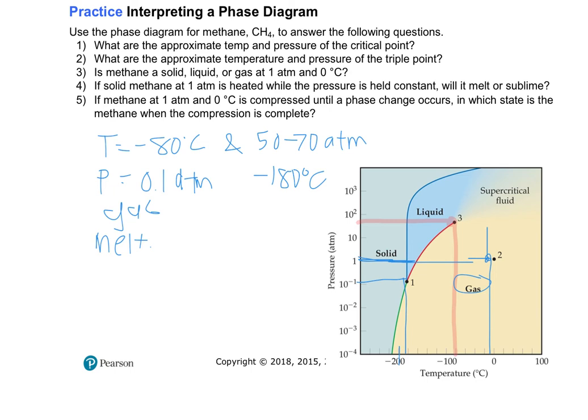So we will go up, and it looks like as it is compressed, it will go into a supercritical fluid. So that's kind of what this entails, starting at a certain pressure and temperature, increasing one of those variables, and seeing what phase you're at.